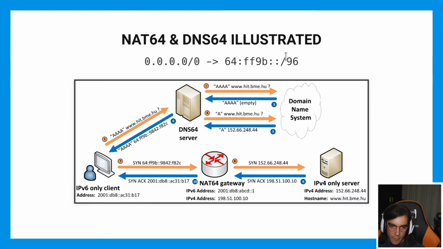Because IPv4 is only 32 bits, and in IPv6 we have 128 bits, we can encode the entire IPv4 space in just a little part of IPv6. So this basically represents the entire IPv4 space for your application. Then your IPv6-only client will connect to this special address and go through a NAT64 gateway, which translates the IPv6 back into IPv4.